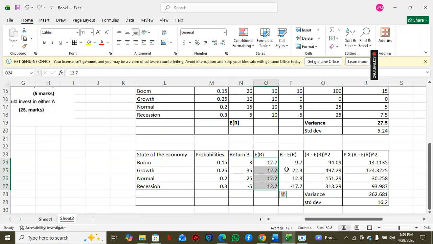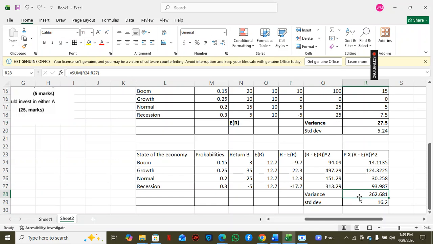Company A, the standard deviation is low, so the returns that you get will be nearer to the average. But for company B, with a high standard deviation, the returns that you get are not going to be very close to the average. They might be way higher or way lower.